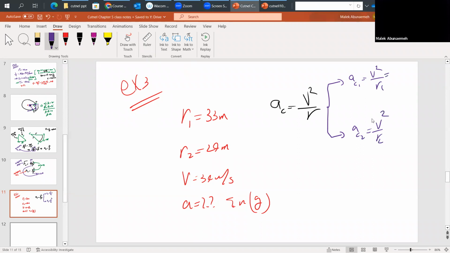So this is going to equal your 34 squared divided by 33, and you should get 35 meters per second squared. If you divide that by 9.8, you should get 3.6 times g, your gravity.